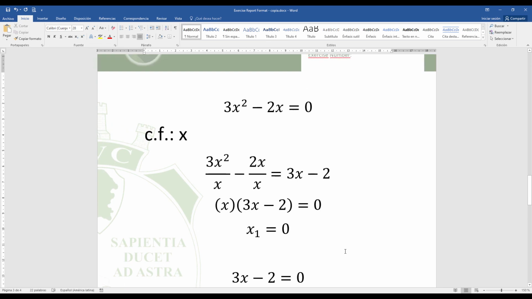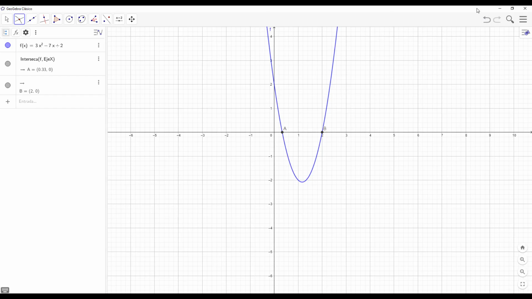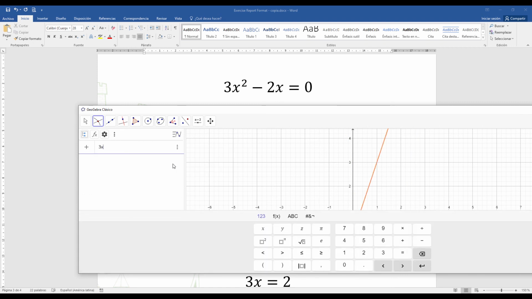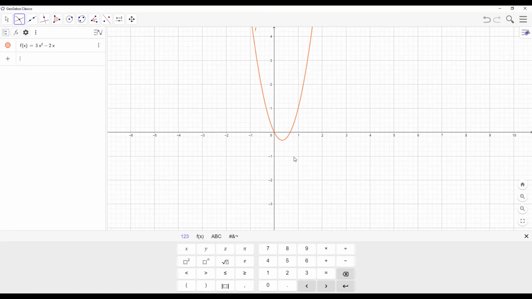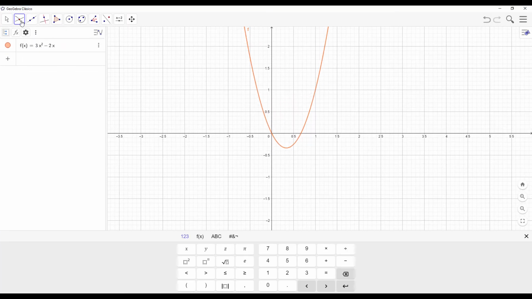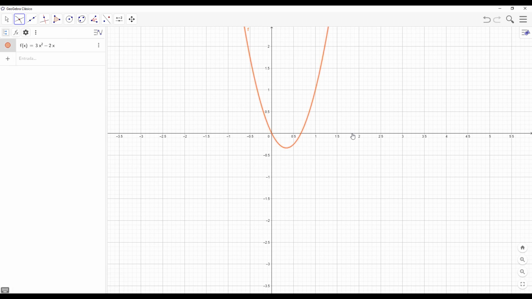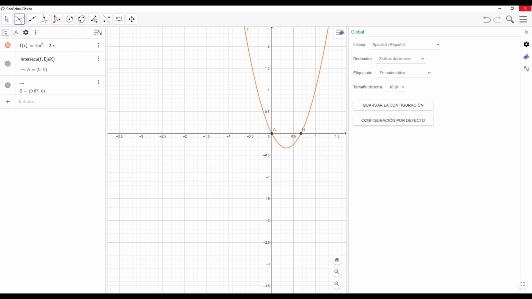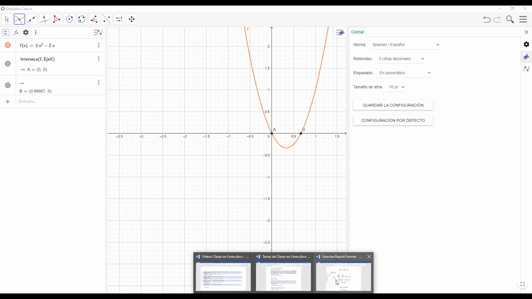Let me check if that is correct. Again, GeoGebra, I will delete that. This is 3x squared minus 2x. Now you need to check with the intersection here. You can change the position here, and you check.